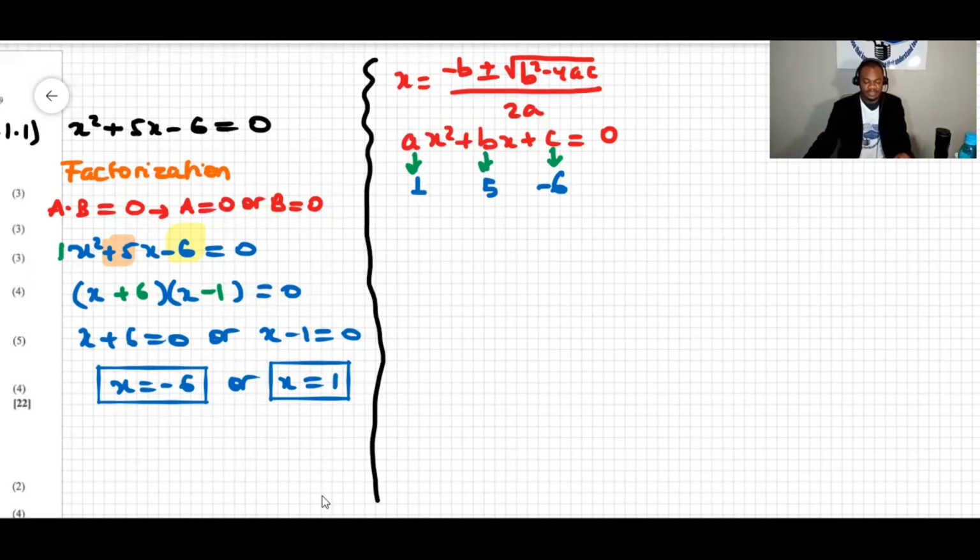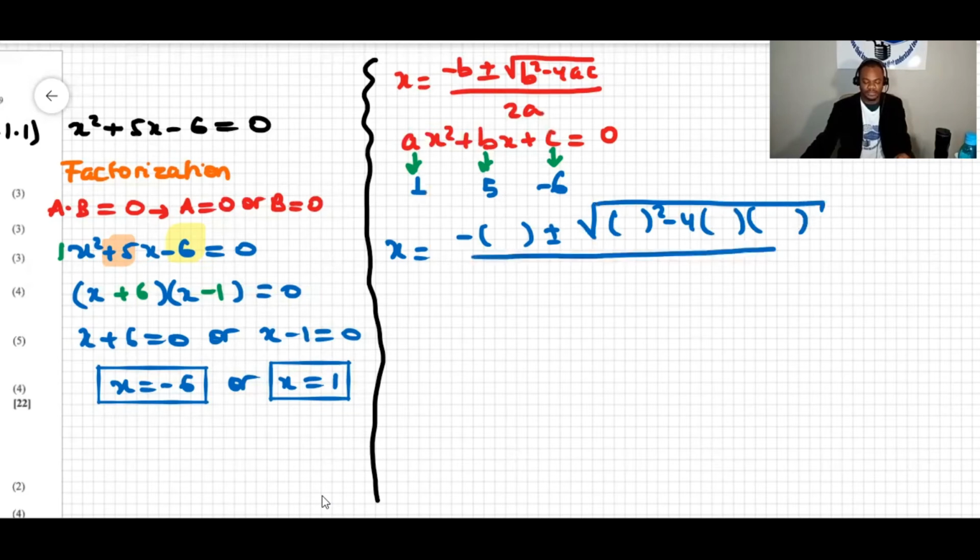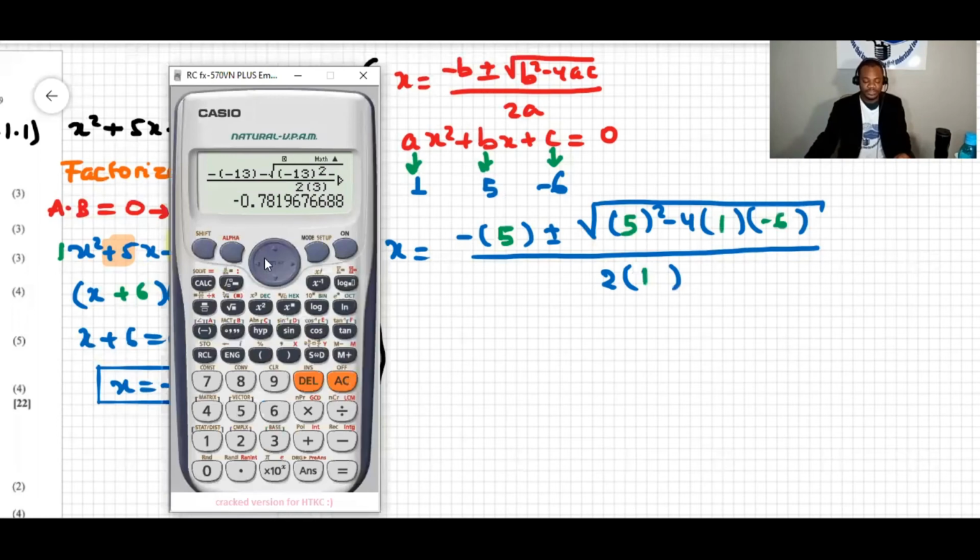Now we can substitute into the formula. Negative b is negative 5, so we have 5 squared minus 4 times a, which is 1, and c is negative 6, all over 2 times a, which is 1. Now we can use a calculator to substitute these values.